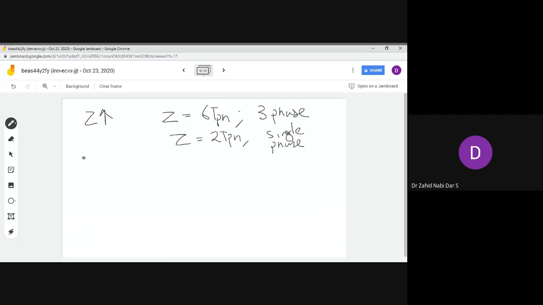We have seen AC is equal to Iz into Z by pi d. So either we decrease the diameter to increase AC, pi being constant, or we increase Iz, or we increase Z. So these are the three scenarios we encounter here.